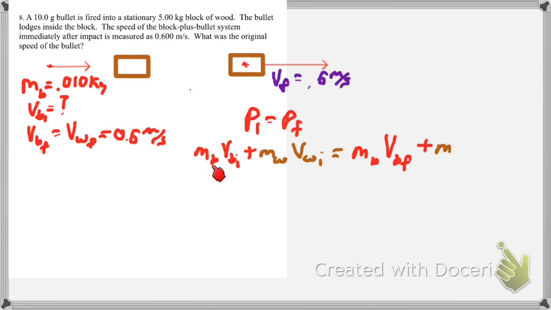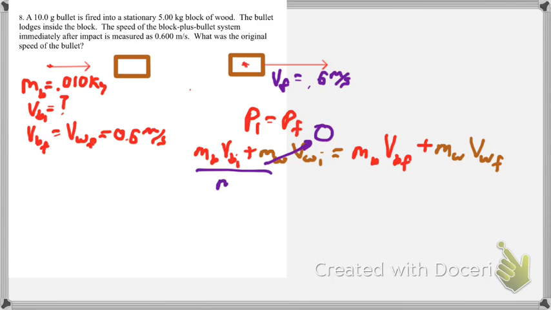Mass of the bullet times velocity of the bullet initial, plus mass of the wood times velocity of the wood initial, equals mass of the bullet times velocity of the bullet final, plus mass of the wood times velocity of the wood final. I chose W for wood and B for bullet because B for both of them would be awfully confusing.